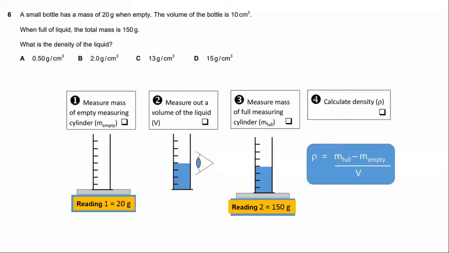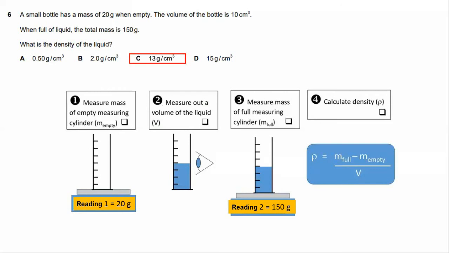Then we can obtain the mass of the liquid by subtracting the two readings. So 150 grams minus 20 grams gives us 130 grams, which is the mass of the liquid. When we divide it by the volume of 10 cubic centimeter, we get the answer as 13 grams per cubic centimeter. So our answer is answer C.